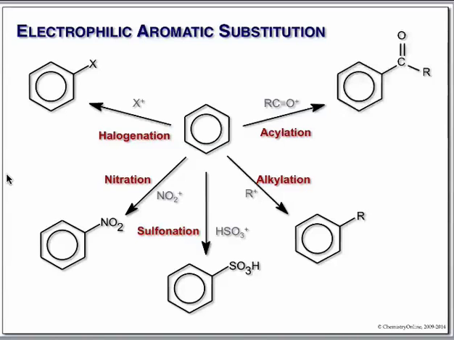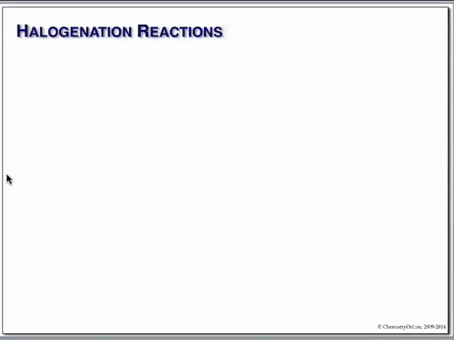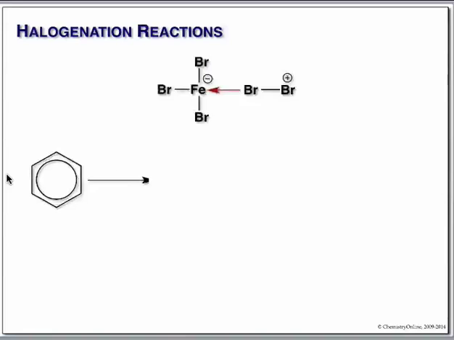Now, for electrophilic aromatic substitution, because it is a key reaction in organic chemistry, it is important that you understand the stepwise nature of the reaction. So let's just look at this. First thing we're going to do is make our electrophile.